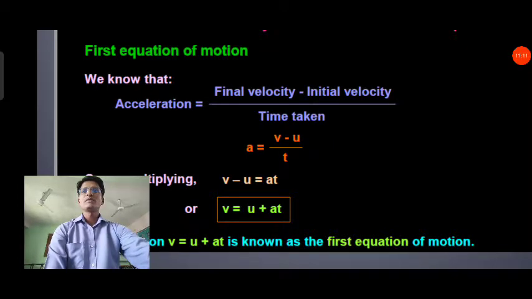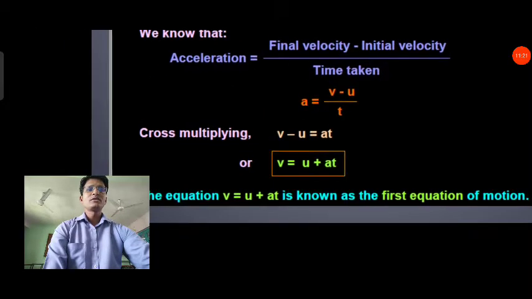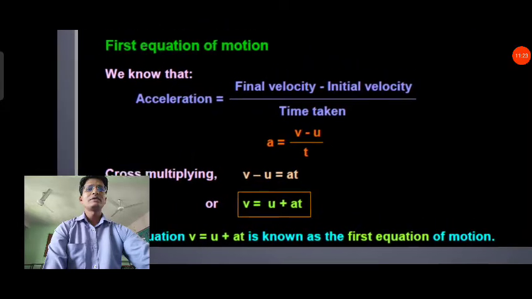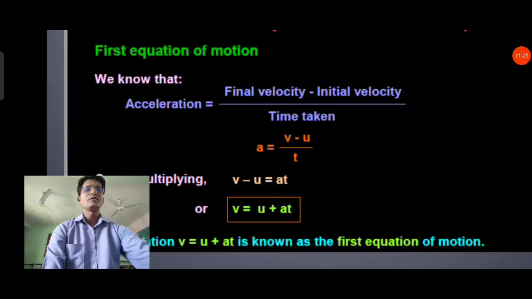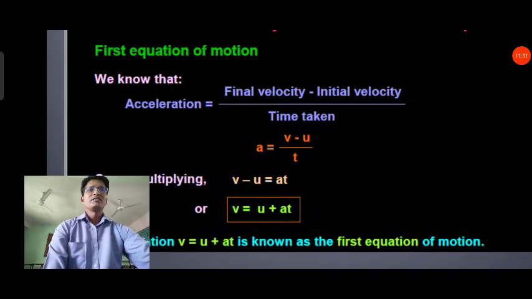So the first equation you will get is v is equal to u plus at. Here, v is equal to u plus at is known as the first equation of motion. It's very simple. It can be asked for 3 marks: derive the first equation of motion.